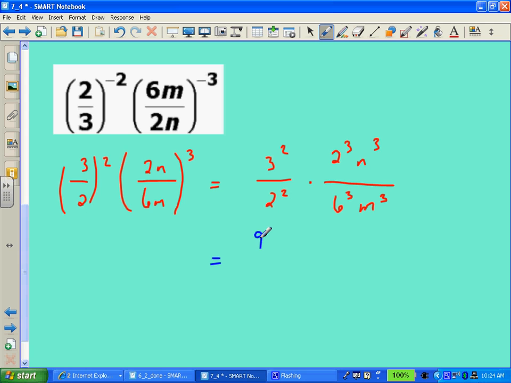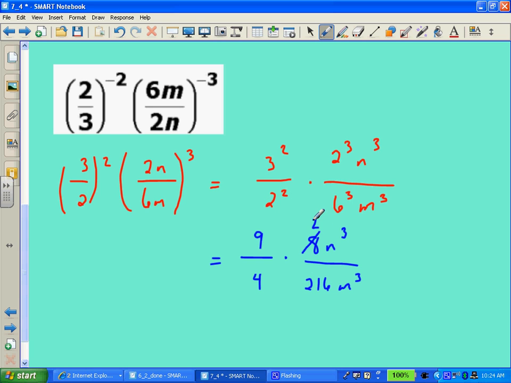Okay, so I got some simplifying I can do here. 3 squared is 9, 2 squared is 4, 2 cubed is 8, and 6 to the 3rd is 216.